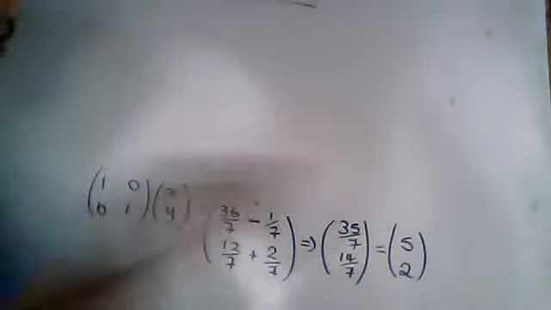So we are solving simultaneous equations using the matrix method, calculating the inverse and things like that. With this question, it is given that M is equal to the matrix 2, 5, 7, and 15.